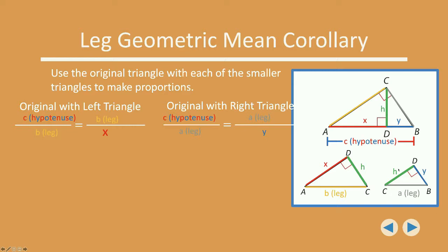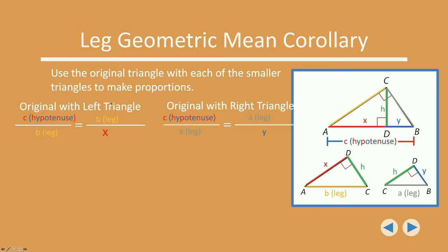Now we want to take a look at each of these, and we can realize that there's a bit of a pattern here. Notice there's the hypotenuse in both of them. A leg is the geometric mean here, and a leg is the geometric mean here. Remember, that just means it's in the bottom of the first fraction and the top of the second fraction. And then this x and y, if you go back to the original, they're the two parts of the hypotenuse.